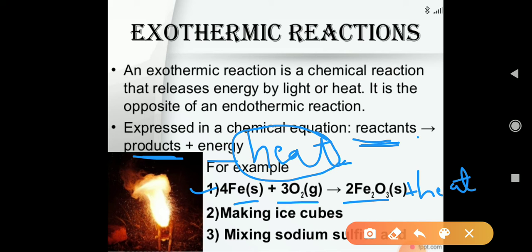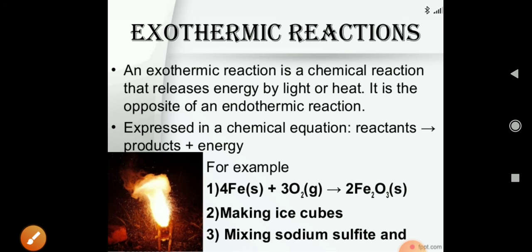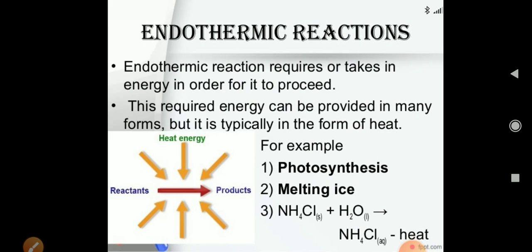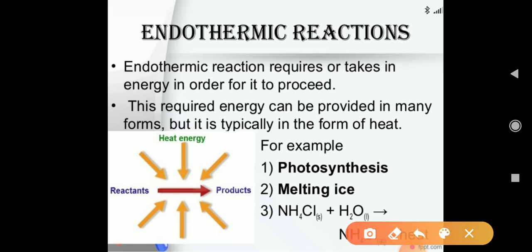Completely opposite to this, the next type of reaction is the endothermic reaction. An endothermic reaction is one in which heat is not given out; heat is accepted or absorbed in the reaction. An endothermic reaction requires or takes in energy in order to proceed.